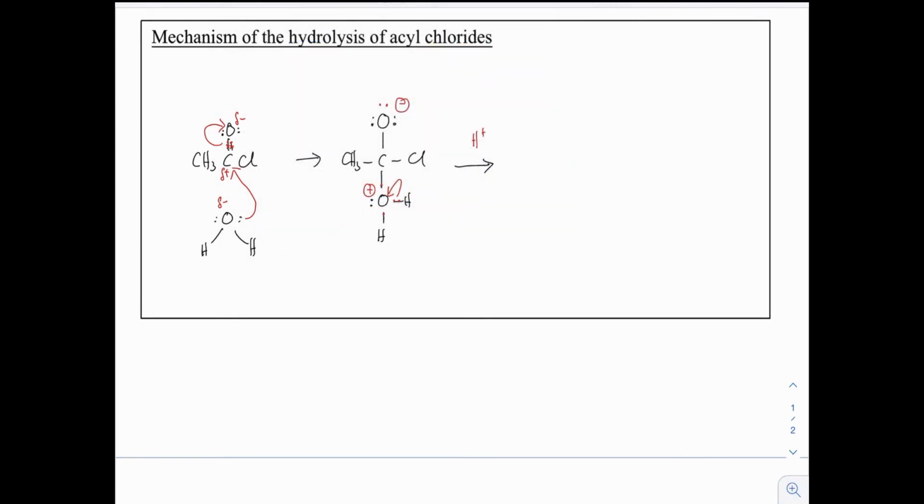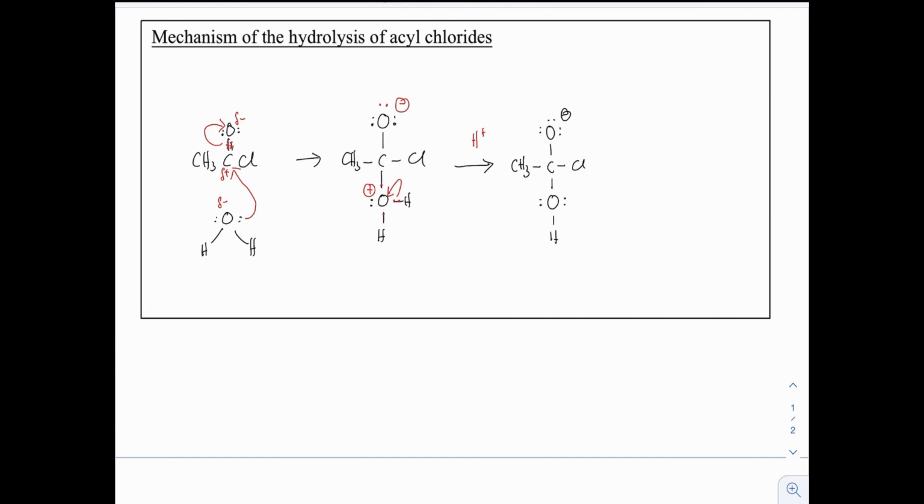So therefore, your structure is going to be like this. CH3CCl, where the O has 3 lone pairs and a minus charge over here. And for this O, it has an H here and a lone pair like this. So why is this a lone pair? Because 2 of these electrons have already moved to this oxygen.